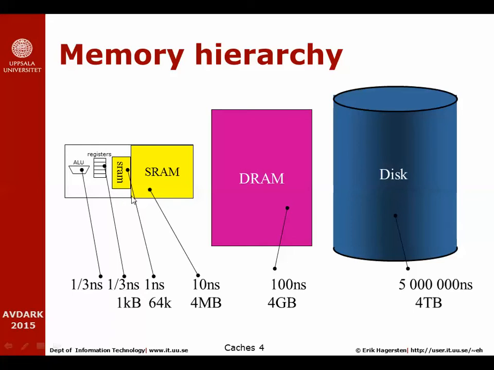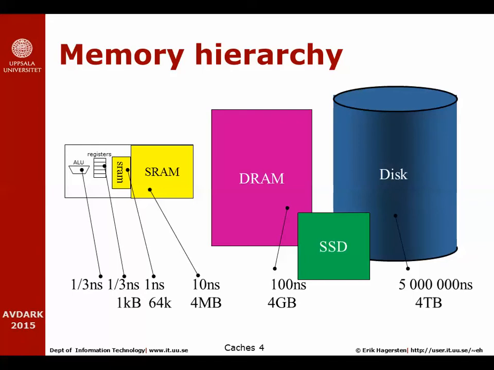There may be some small chunk of fast memory called static RAM, SRAM for short, that it may access in maybe a nanosecond. And also on the same chip, maybe there is some larger SRAM that it can access in 10 nanoseconds. So if the memory hierarchy is this complex and this non-uniform, how can we manage this as a programmer?